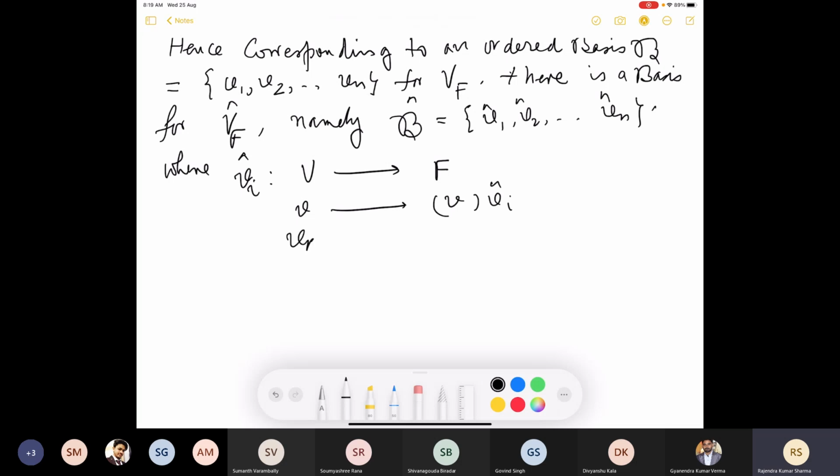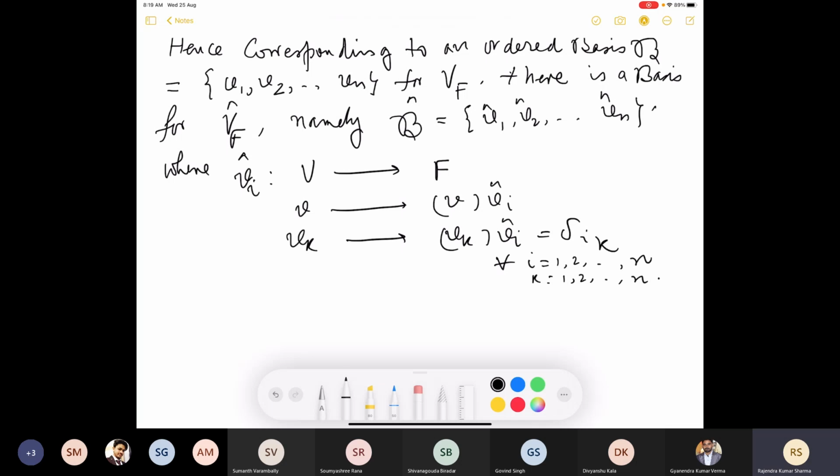And in particular, Vk will go to Vk under Vi hat, and this is delta ik, and this is for all i from 1 to n, and for all k from 1 to n.